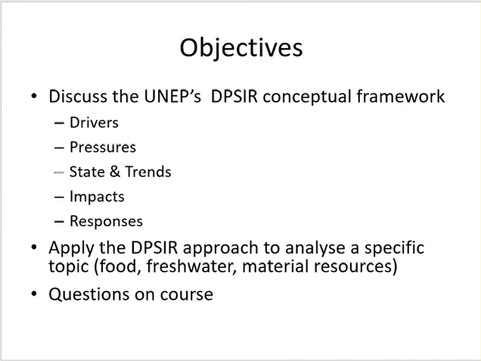Finally, next we'll take a look at the impacts. When we have the states and trends, what are some of the impacts of water production, or the environmental issue, on the remainder of the environment?